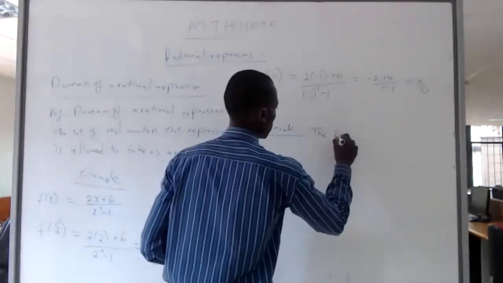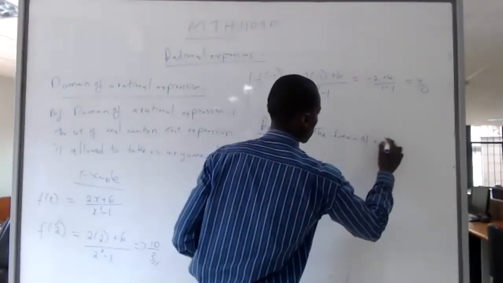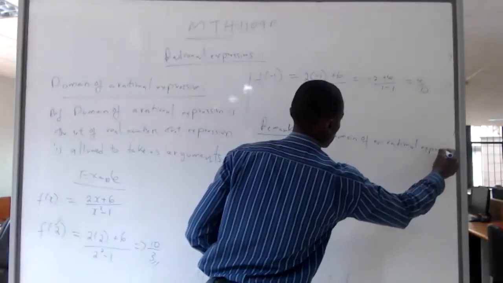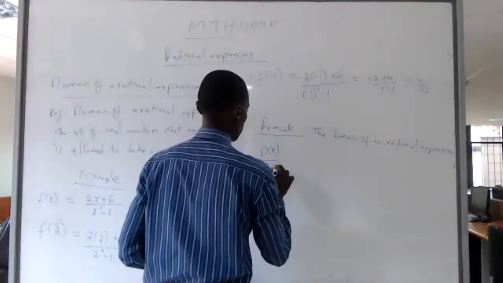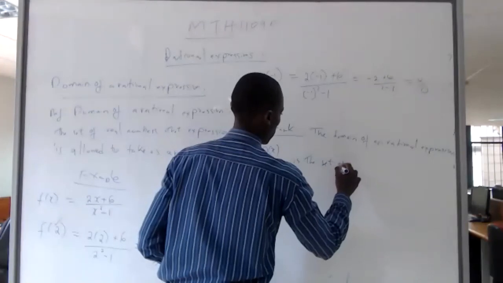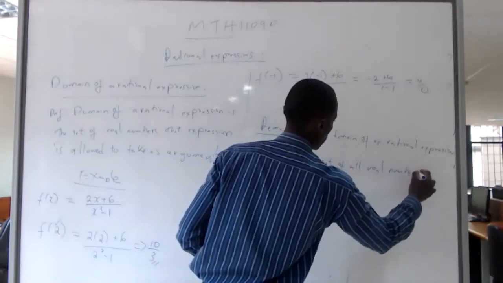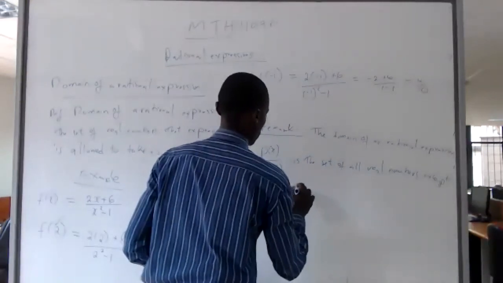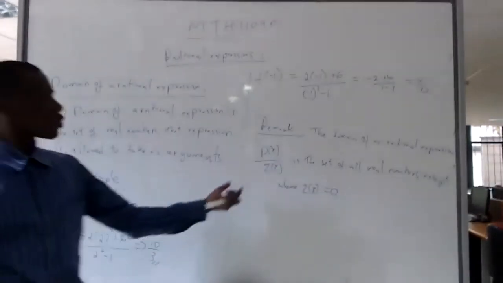The domain of a rational expression P of x divided by Q of x is the set of all real numbers except where Q of x is 0, because you do not want this denominator to be 0.